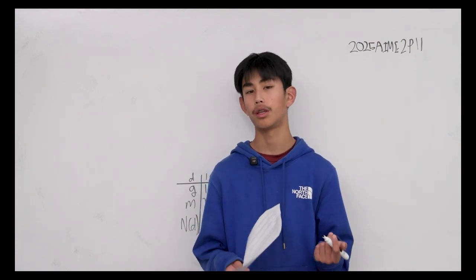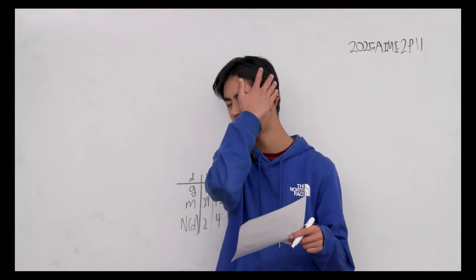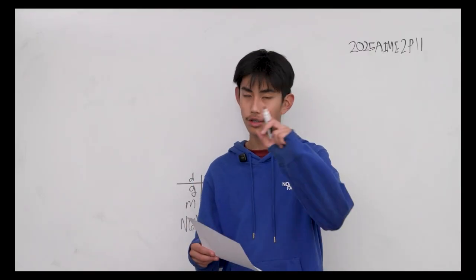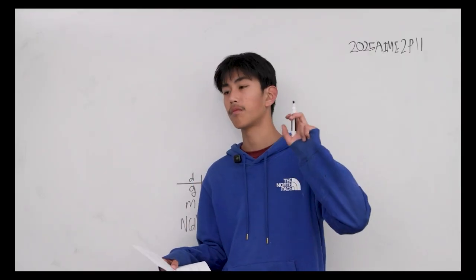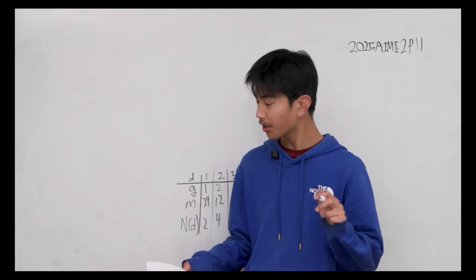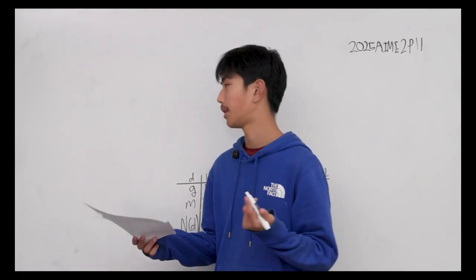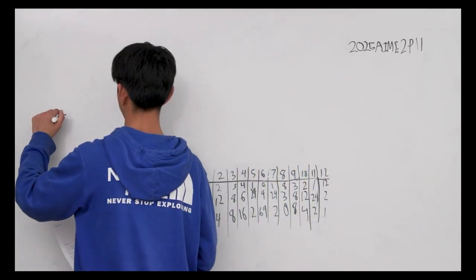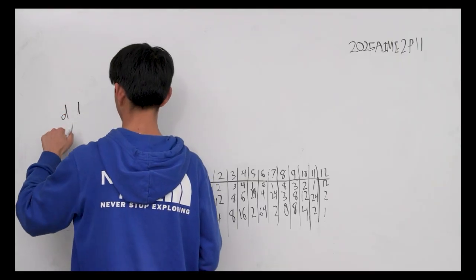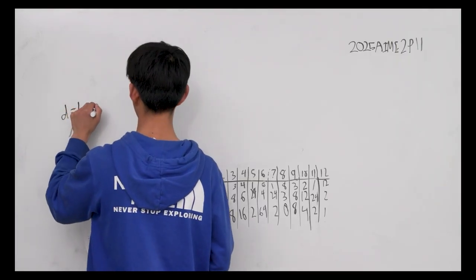So what we can do is we have this length D, such that you have a vertex and it connects to another vertex D units away. Therefore, you basically want to just sum the lengths D. D is 1 to 12.